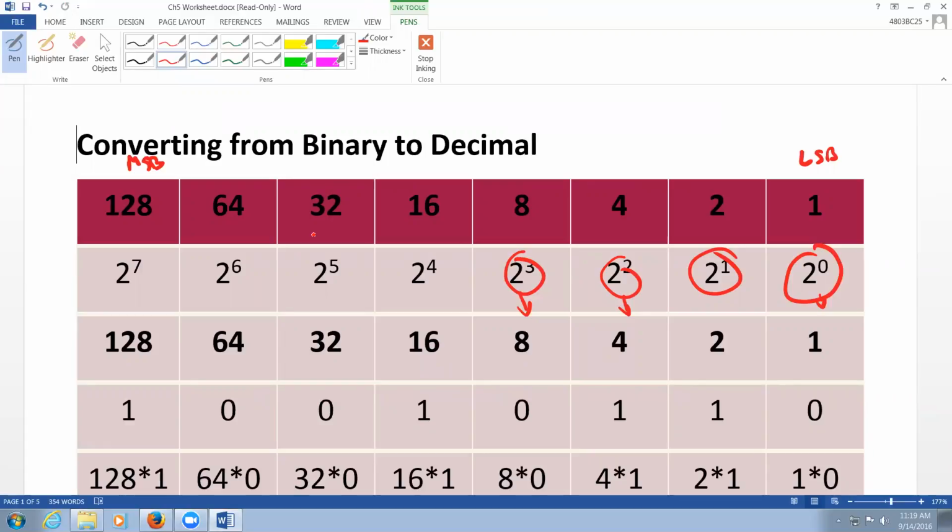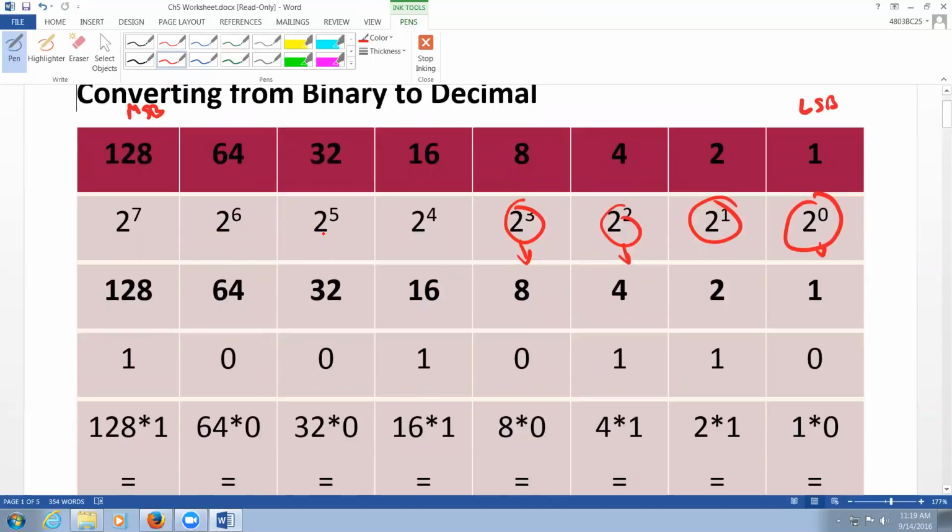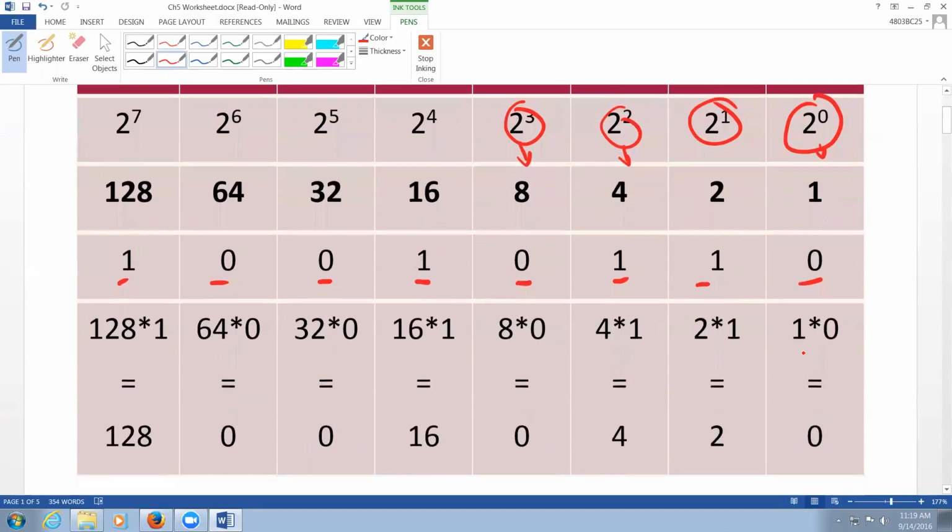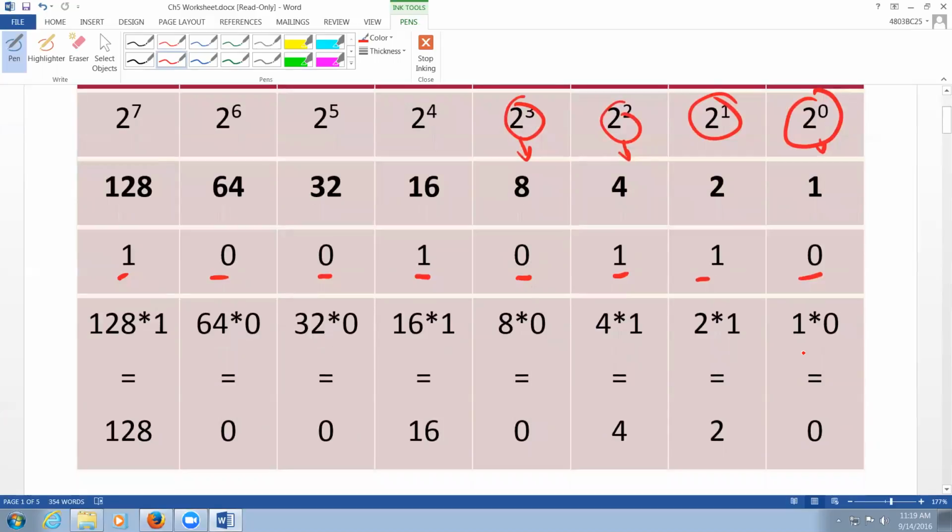So the way we do this, if you're going to go from binary to decimal, let's say you have 1, 0, 0, 1, 0, 1, 1, 1. How do we convert that to decimal? You just add all the ones. Where the one's at, you take this number times this number, and then you add it all up.